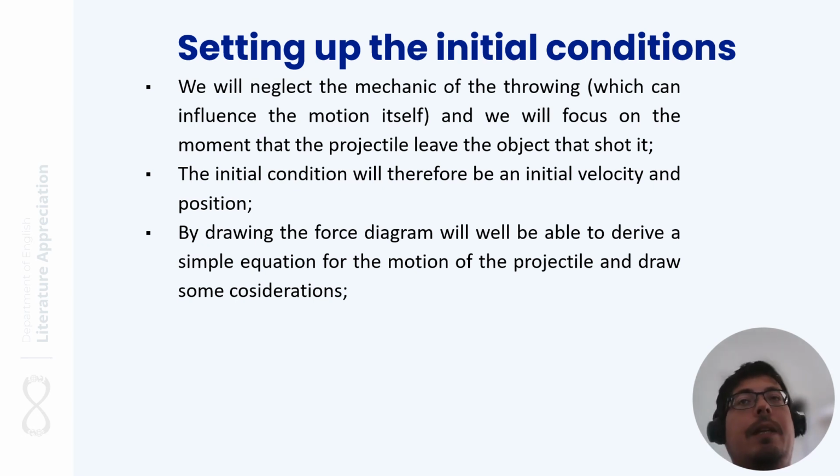So as I said, we will neglect all of this, and we will just consider an initial projectile with some velocity in some direction and in some position. We don't care who or what gave that velocity and how it happened. We just know that there is an initial velocity and initial position for our object. And then we will draw some force diagram and then make some conclusions.